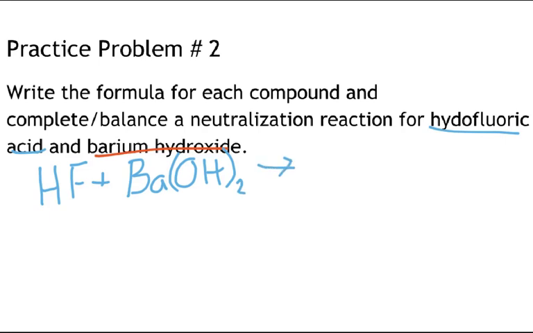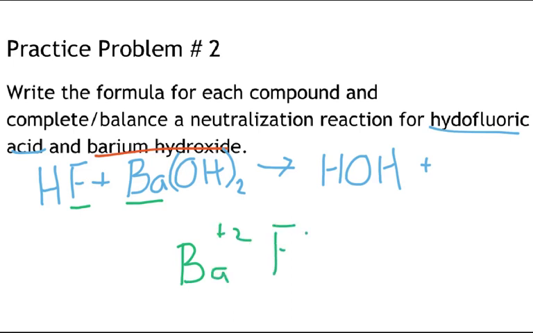Okay, so now it's time to predict my products. We should know by now the first one's water. And then again, they're dangerous because they're going to give us a salt. To figure my salt, I'm going to take the end of the acid and the beginning of the base. I'll do it down here so we have more room. So barium is a positive 2, fluorine is a negative 1.